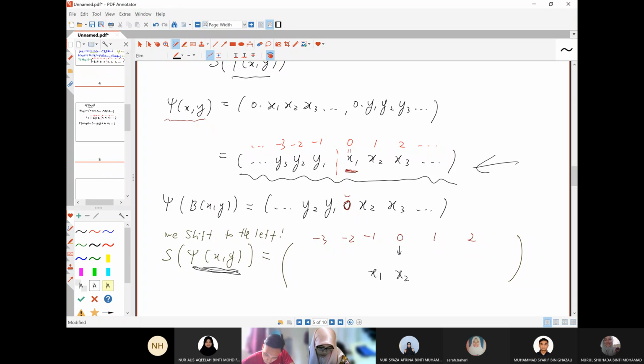So position -2 jadi y1 lah. And position -3 jadi y2 and so on. So the right position ini, the first position becomes x3, x4 and so on. Is that okay?